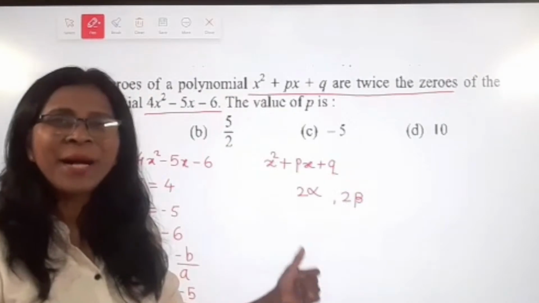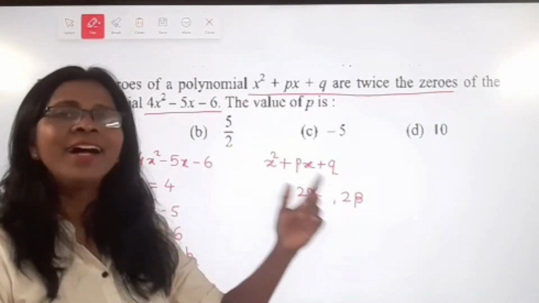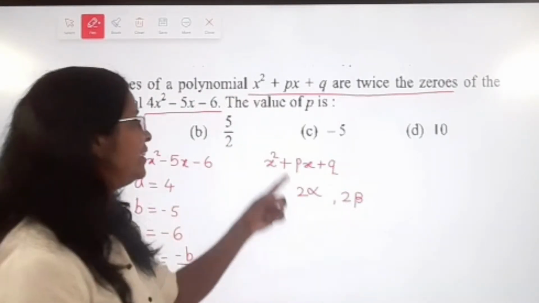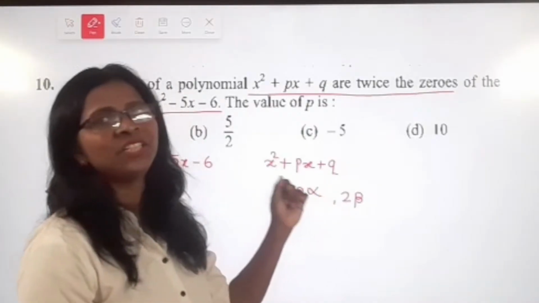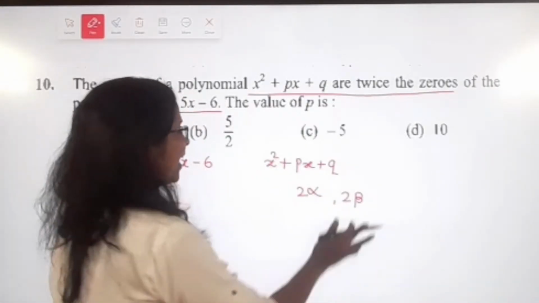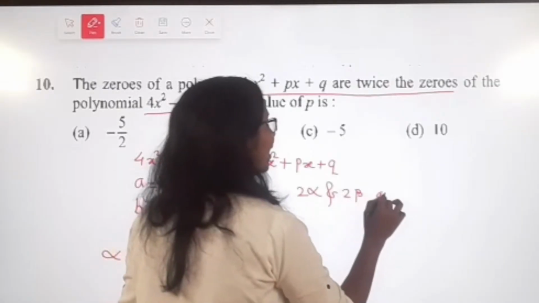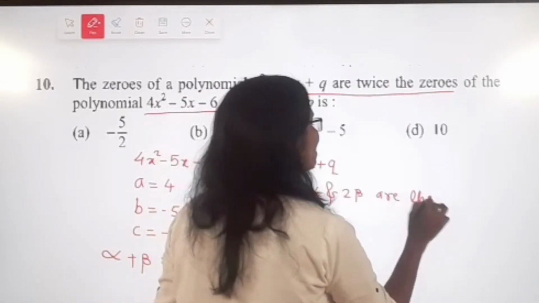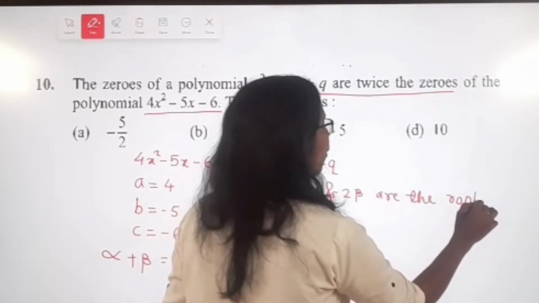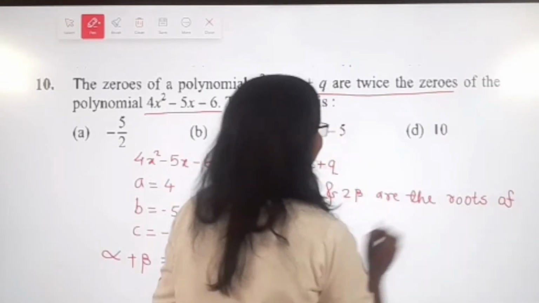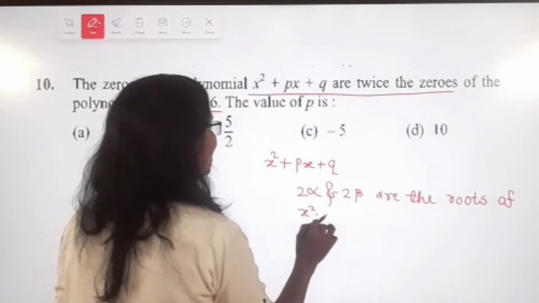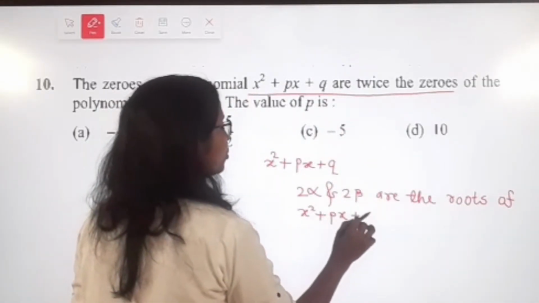So 2 alpha and 2 beta are the roots of x square plus px plus q.